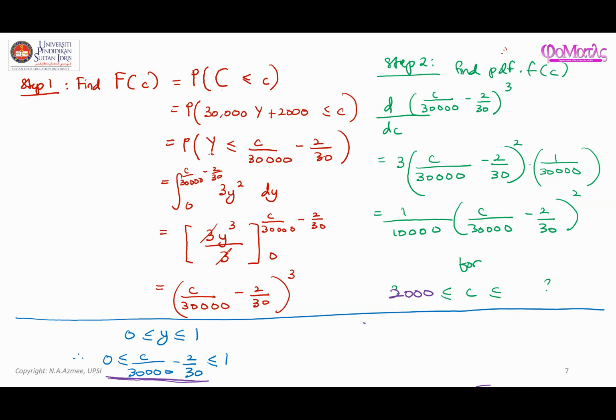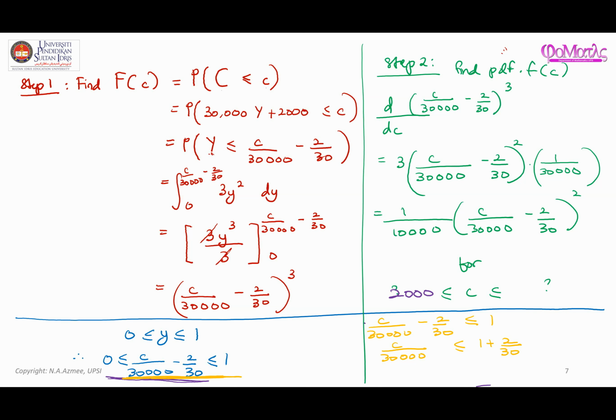Next, we're going to consider this part. So here we have C over 30,000 minus 2 over 30 less than or equal to 1. C over 30,000 less than or equal to 1 plus 2 over 30.